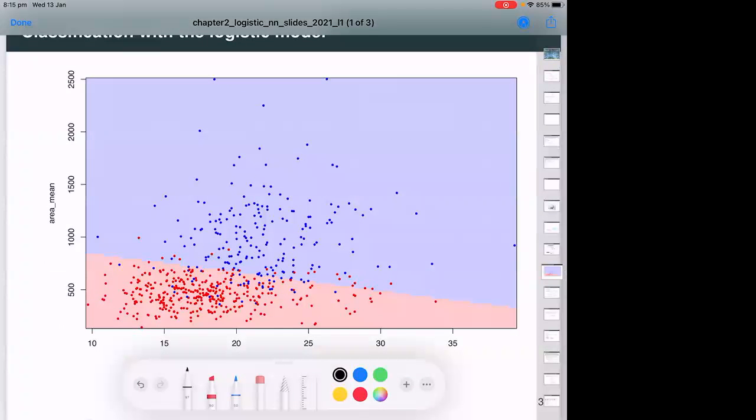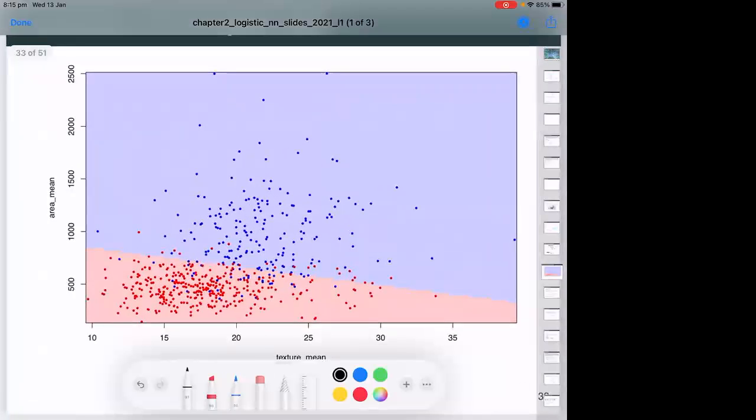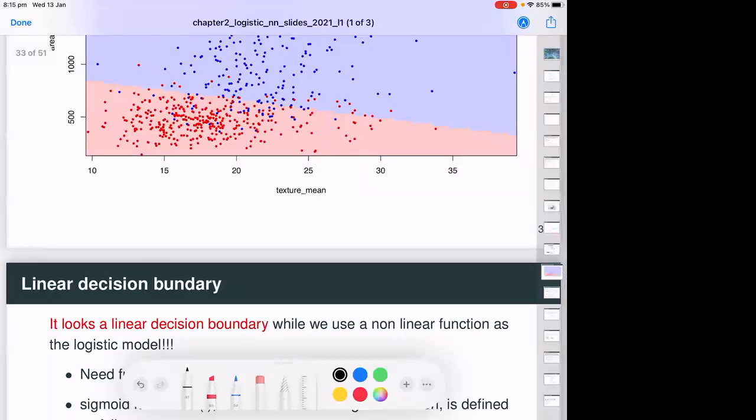This has been done from my logistic model, my sigmoid model. I explained before that the logistic model, the sigmoid, is a non-linear function. But when we see this result, it may be troubling, because I did something non-linear, but my decision boundary is linear.